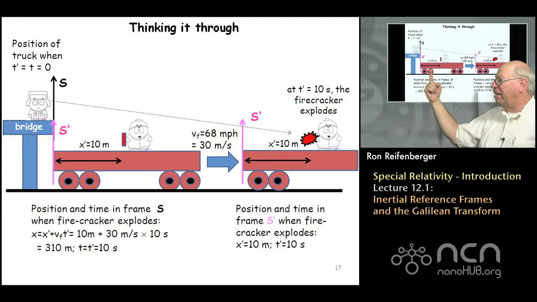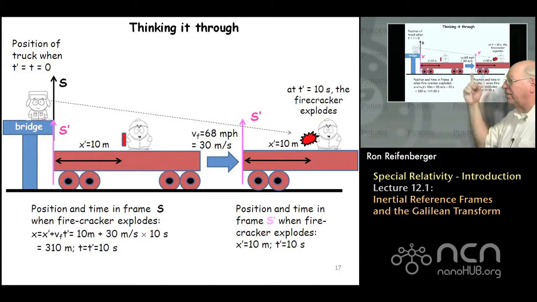Cartman is standing 10 meters down from the edge of the trailer, and he's got this firecracker in his hand. He lights the firecracker at precisely t equal to 0, and then we wait to see where it explodes. Let's say it takes 10 seconds to explode. In 10 seconds, this trailer moving at 68 miles per hour, which is equivalent to 30 meters per second, has moved down the road about 300 meters.